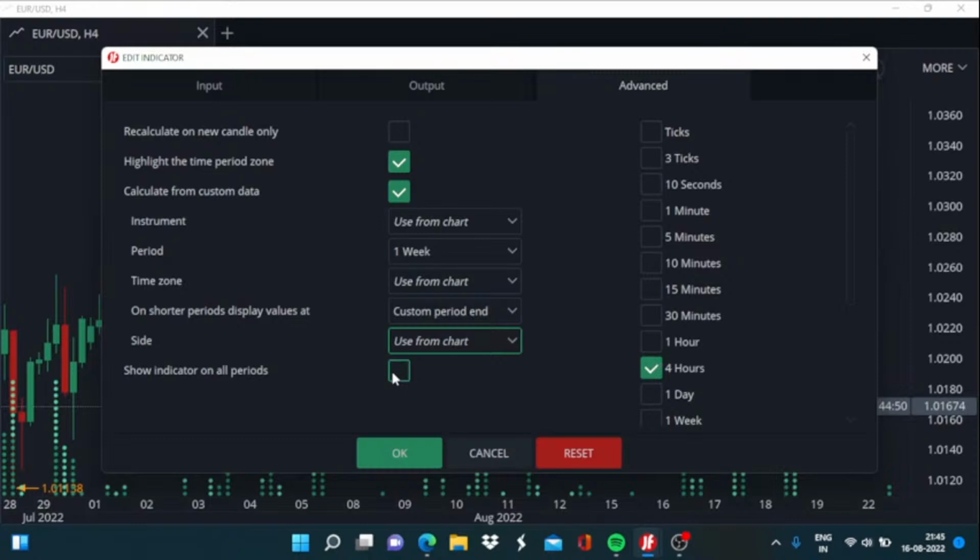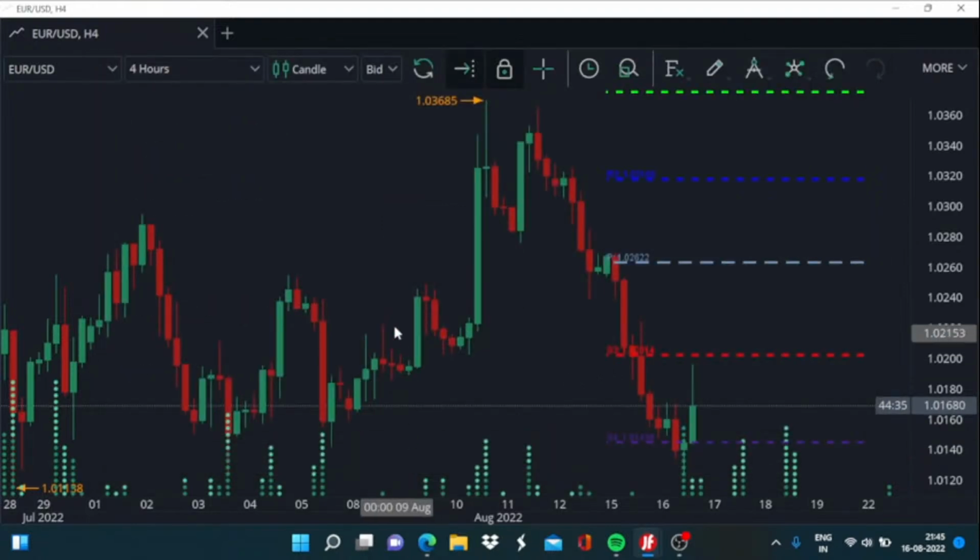So it makes the indicator much more helpful for carrying out customization. Then you can read into the market what is happening, what the trend is. So that's it from my side for explaining this indicator.